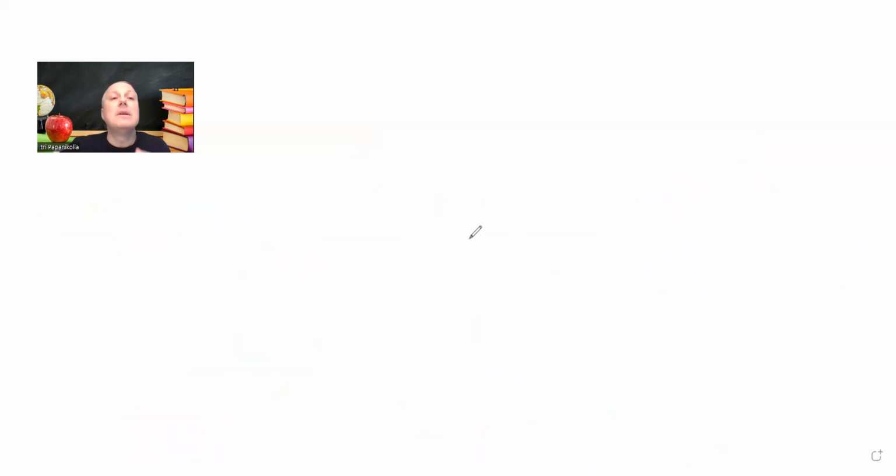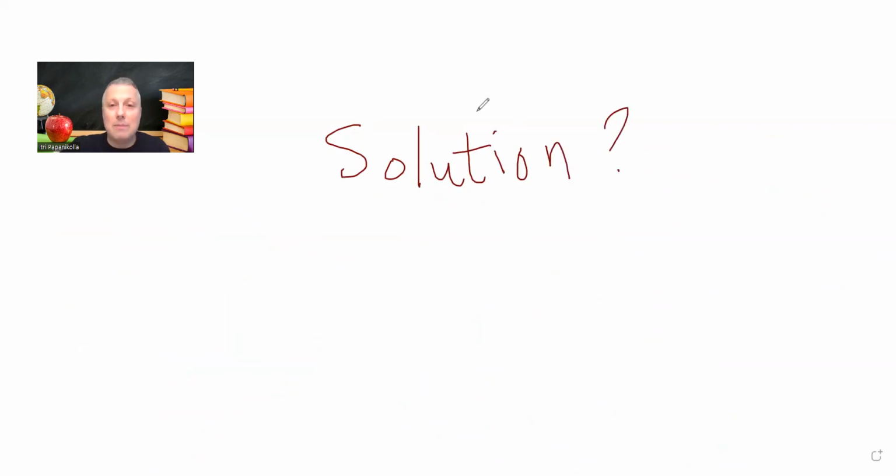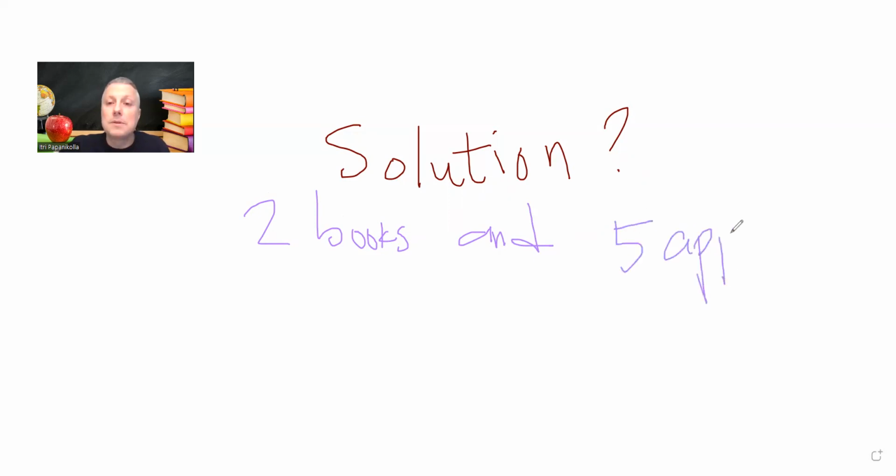So let's talk about the next step, which is finding a solution, trying to solve the word problem. Can we solve it? What if they told us that we bought 2 books and 5 apples, and the total was, let's say, $20.